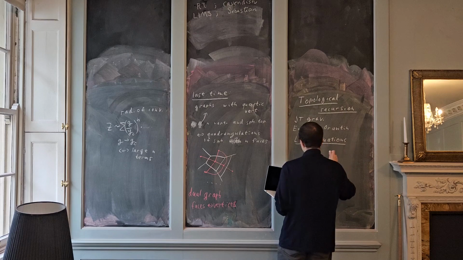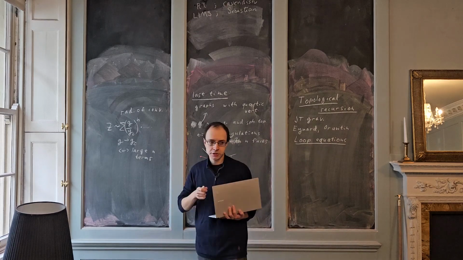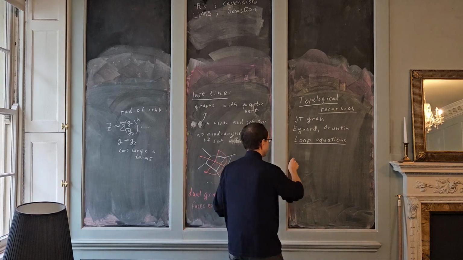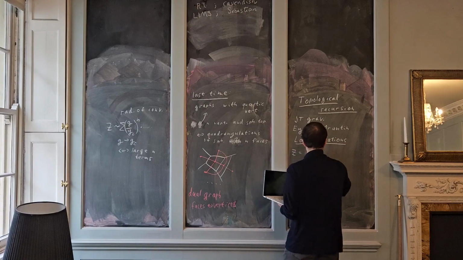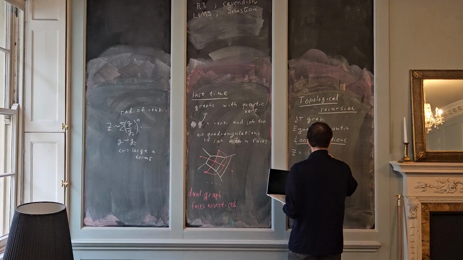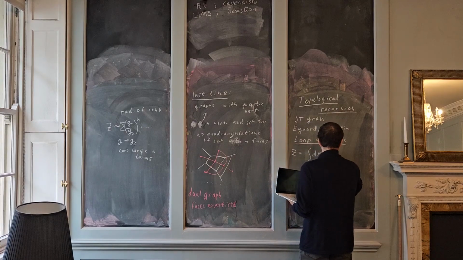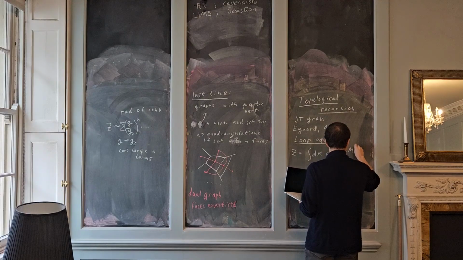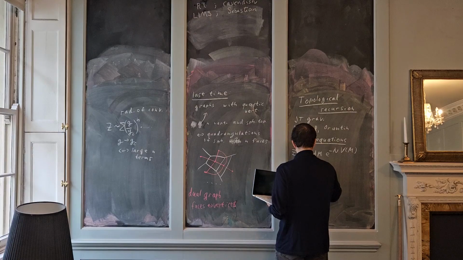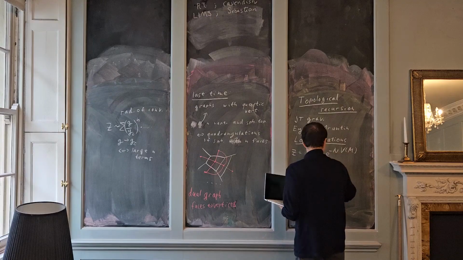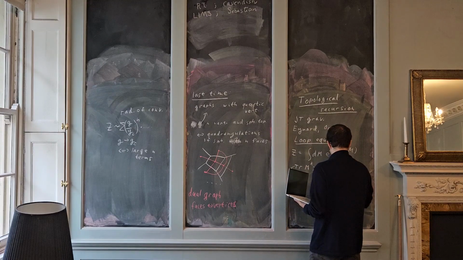So these are going to be equations relating different correlators in our matrix model. Remember, when we have our partition function, that is the integral over Hermitian matrices, e to the minus n times some potential. We can consider correlators like trace m to the k, which is the same integral with this insertion.